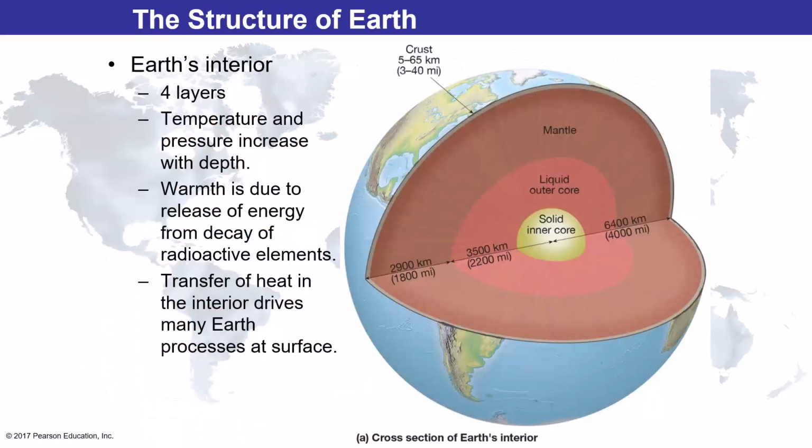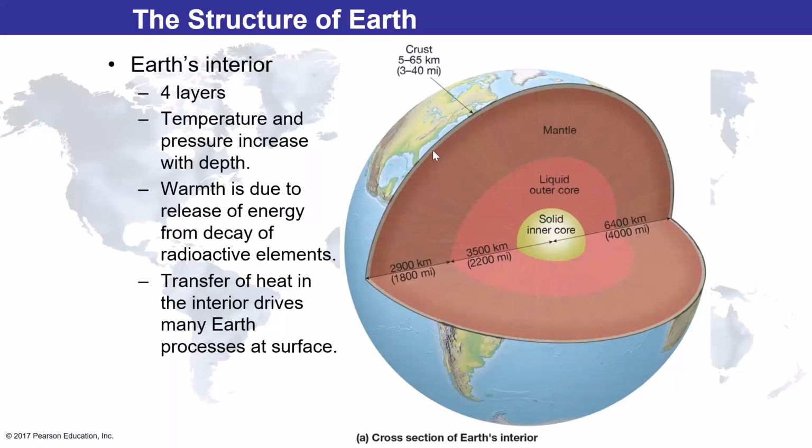Without going into too much detail, we're just going to look at the overview of Earth's interior. There are four main layers, but really what we're going to be looking at is just this top portion here. As we're going into Earth, we have the ocean, then the crust.